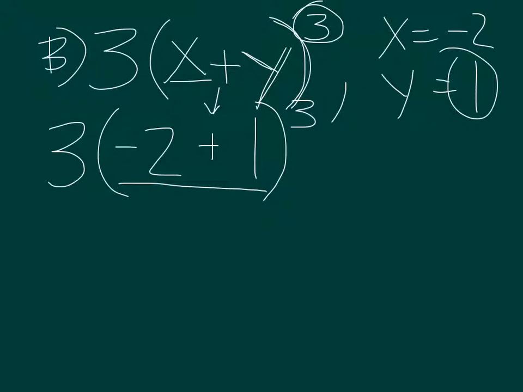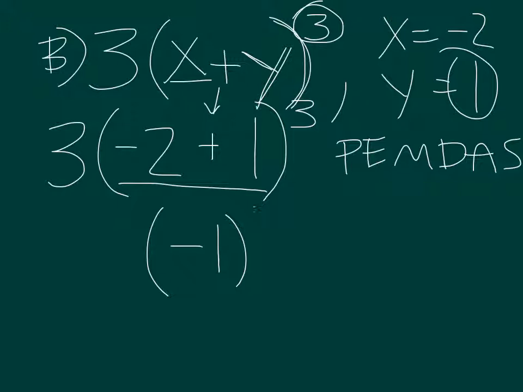First is in the parentheses, because we're using PEMDAS. Please excuse Mr. Dean after supper. We've got negative 2 plus 1. Hopefully you're not thinking that's negative 3. Negative 2 plus 1 is negative 1. And it's to the third power, and we're still multiplying by the 3 out front. Notice that is multiplication. So now we're doing exponents.